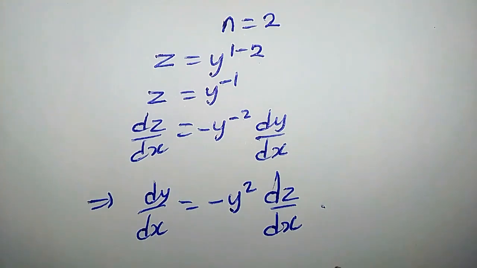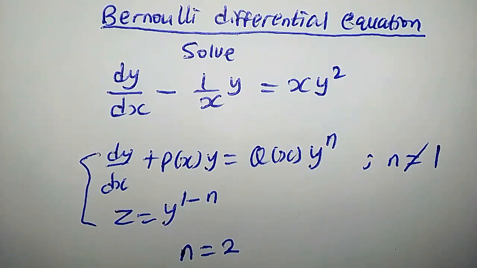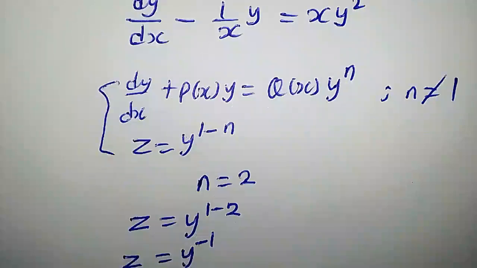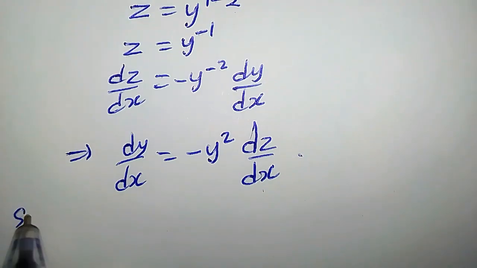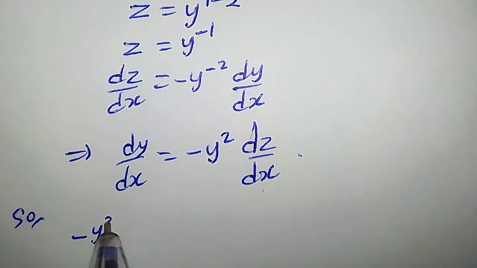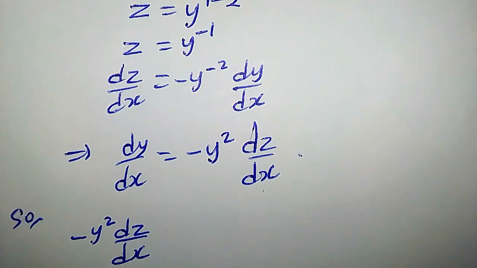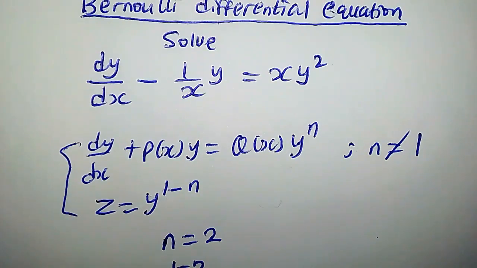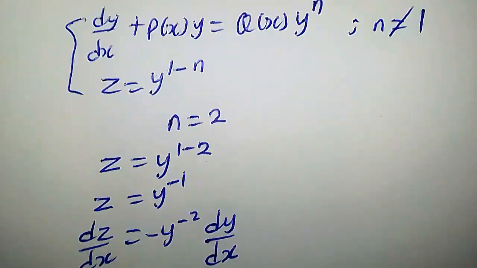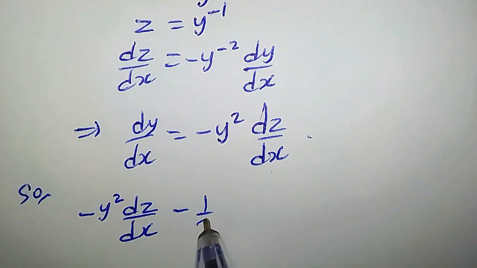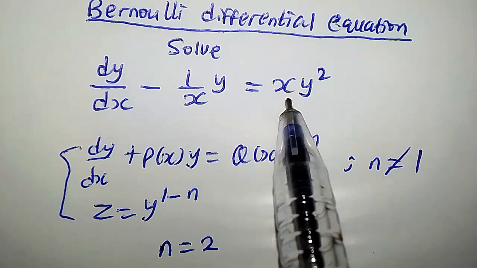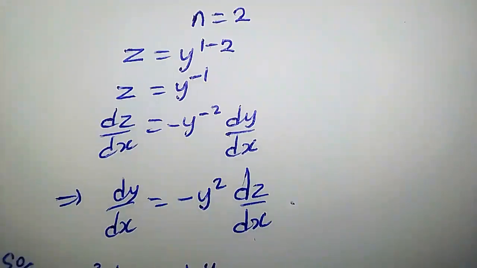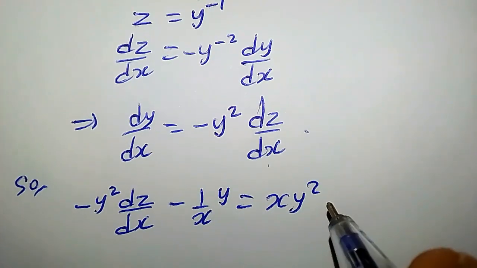Take note of this. The next thing we have to do is to replace dy/dx with what we have here, minus y squared dz/dx. So we have minus y squared dz/dx minus 1 over x times y equal to the right hand side, x y squared.